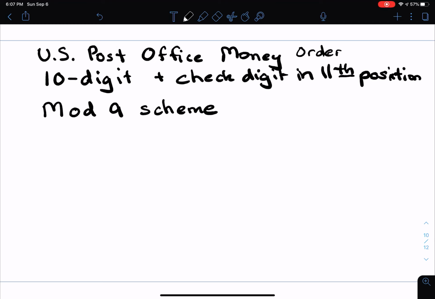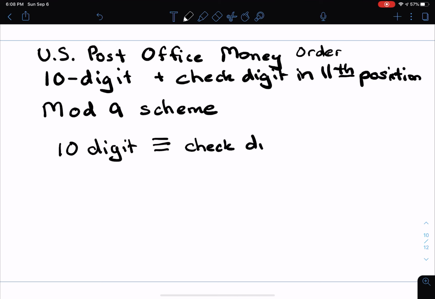So basically, what should happen is that your check digit, whatever your check digit is, it should be congruent. So the 10-digit number should be congruent to the check digit Mod 9. Okay?